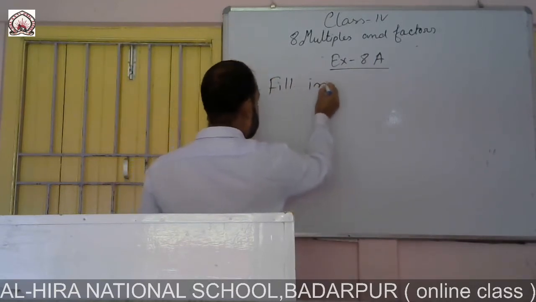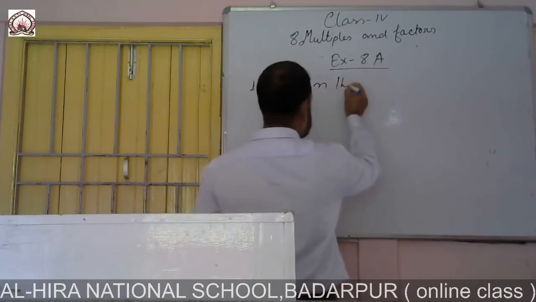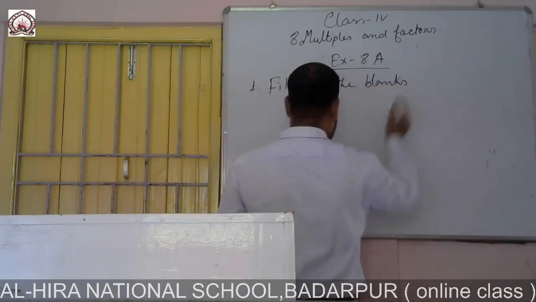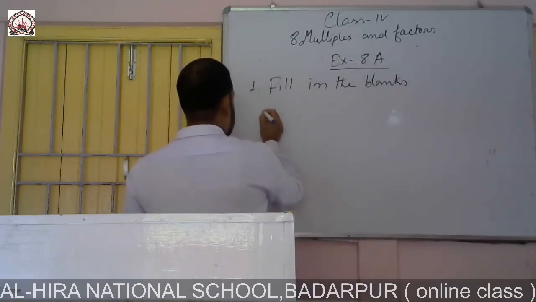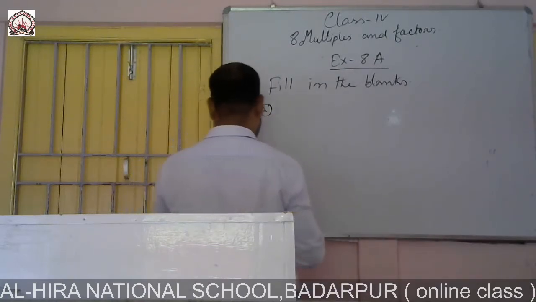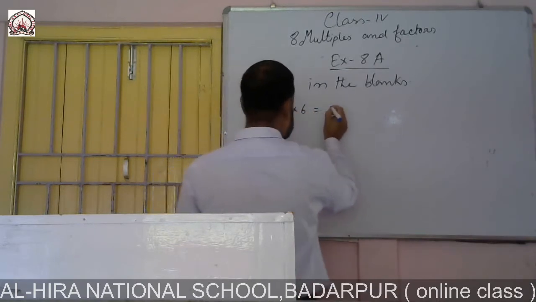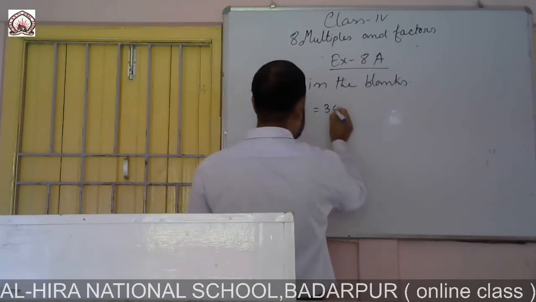Fill in the blanks. Number A. 5 into 6 is equal to 30.